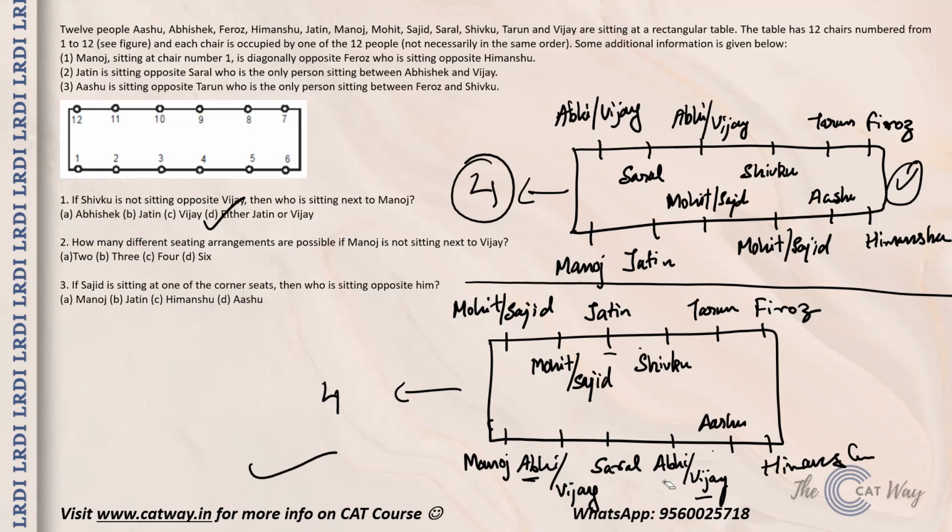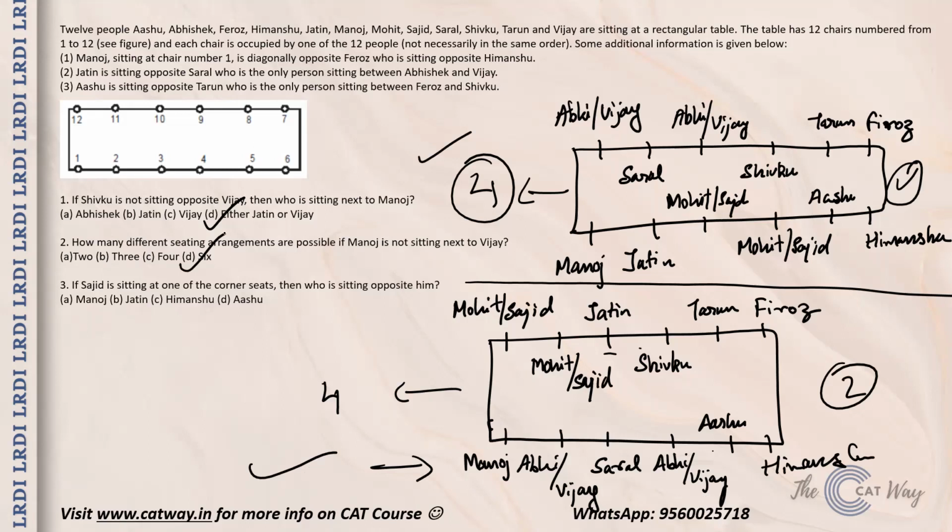These two, this whole line is filled now. Manoj, then Abhi, then Saral, then Vijay, then Ashu, and then Himanshu. So the bottom row is fixed in this case. But the top row, again, between Mohit and Sajid, they can interchange the position. So they give us 2 more cases. So all 4 cases of here and 2 cases from this arrangement. So the total number of arrangements possible are 6. Option number D is the right answer.